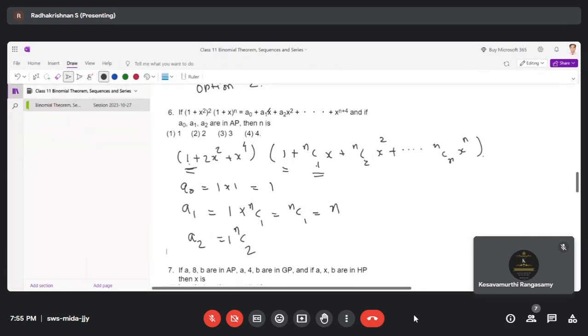There is another: this 2x^2 into 1. That will also give a coefficient of x^2, so that will be 2 into 1. So either constant and x^2 on this side, or coefficient of x^2 and constant on this side will give you x^2. x and x would also give it, but here there is no x, so that's not there. So only these two terms will give x^2. So that means nC2 plus 2.